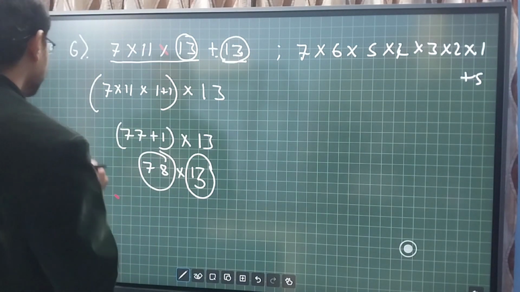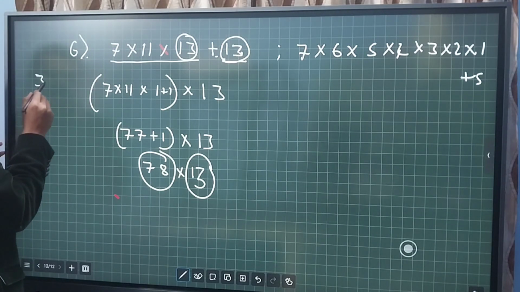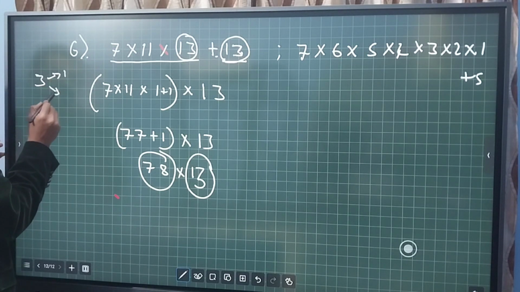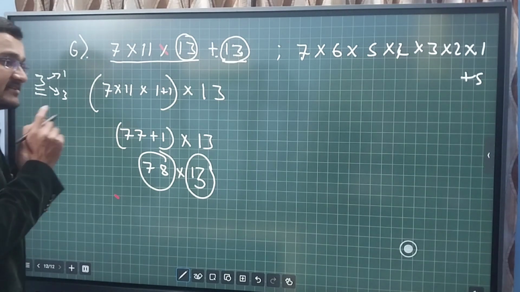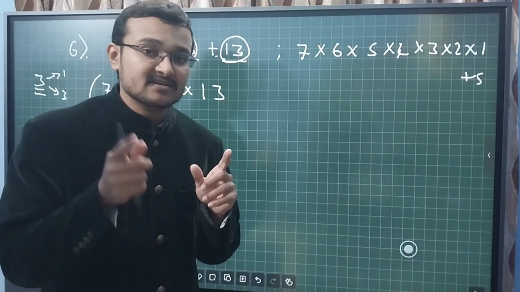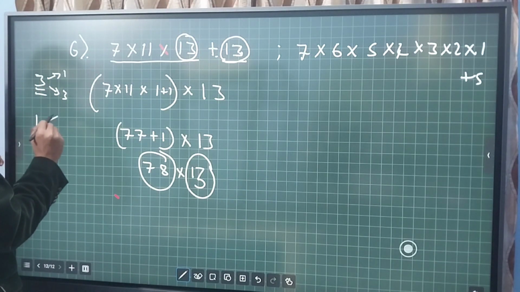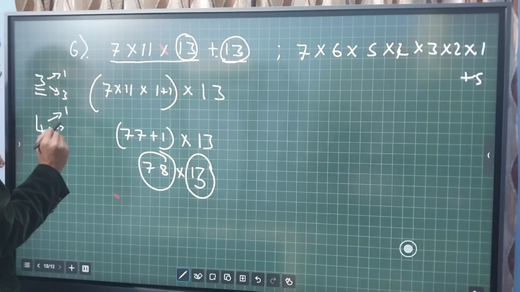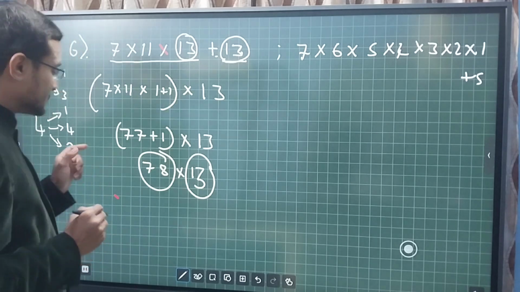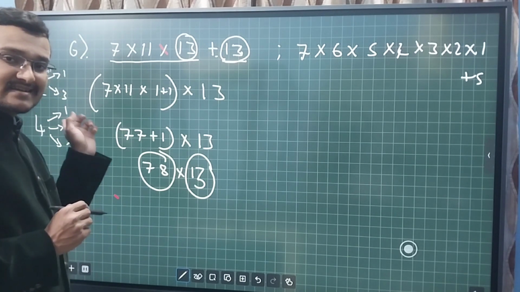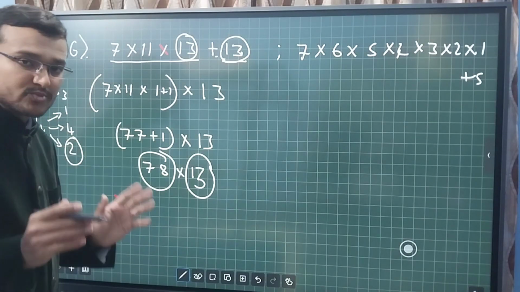So if I have 3 as my number, 3 has factor 1 and 3, so 3 doesn't have any other factor other than itself and 1. So 3 is a prime number. But if I consider 4, 1 is a factor of 4, 4 is also a factor of 4, and 2 is also a factor of 4. So one more number we are getting other than itself and 1, so 4 is a composite number.